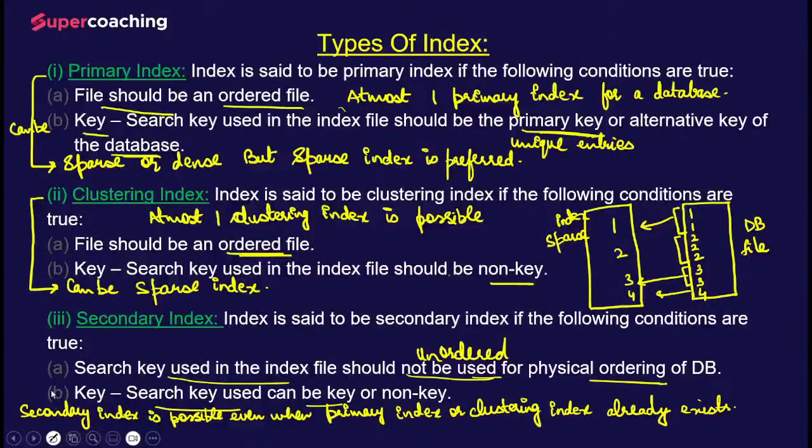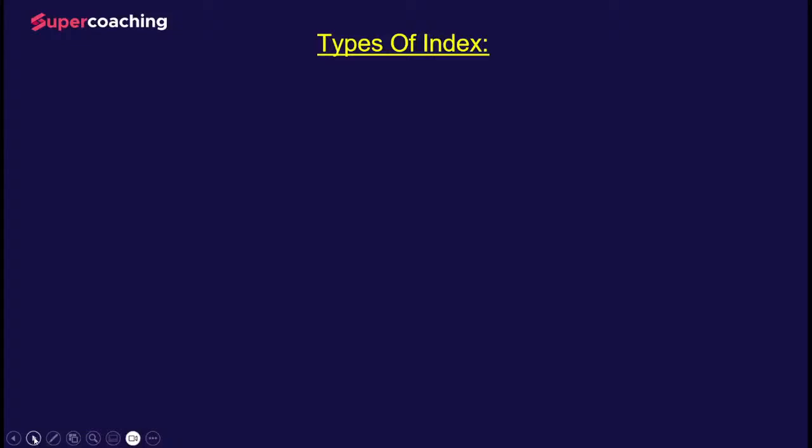I should write here always. So secondary index is always dense index because the file is not sorted. It's unordered. So this is about the types of index.